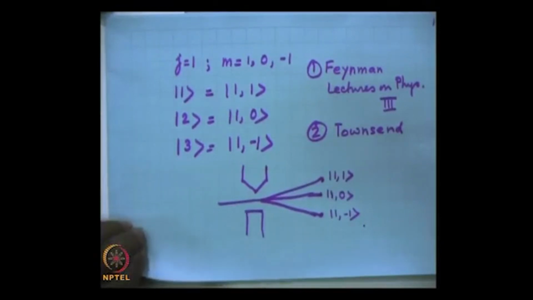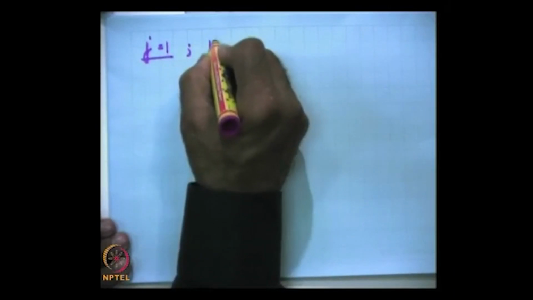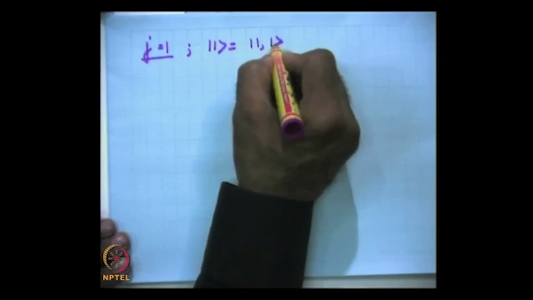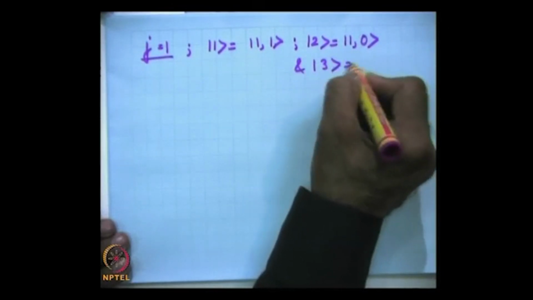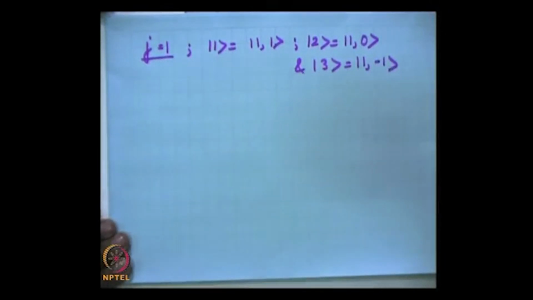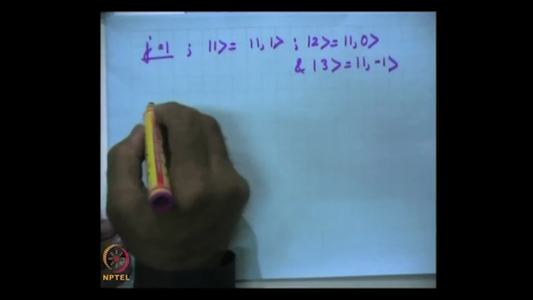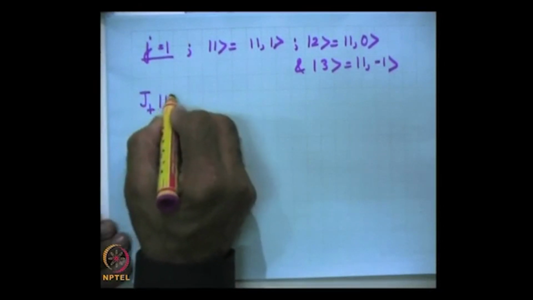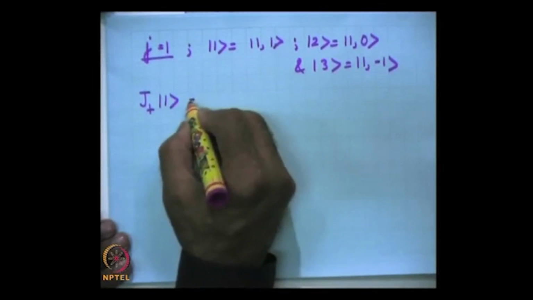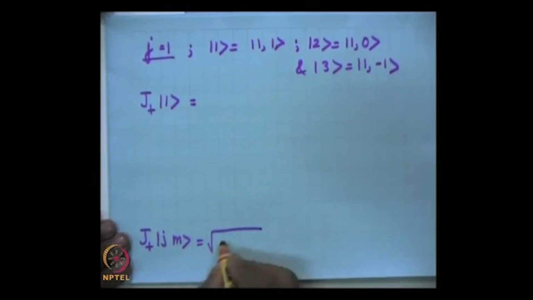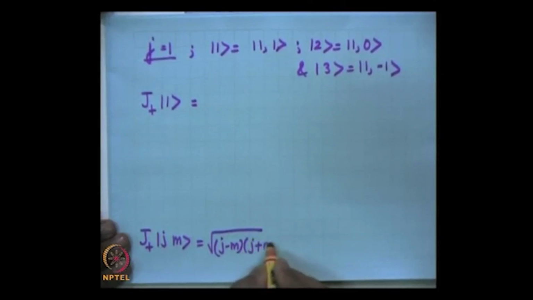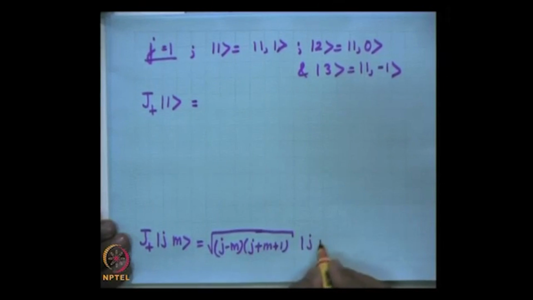Okay. Now let me also mention that if I have 3 eigenkets corresponding to j equal to 1, that is ket 1 is |1,1>, ket 2 is |1,0>, and ket 3 is |1,-1>, then just as we did for the spin half problem, J plus acting on ket j m, all of you must remember, is equal to square root of (j minus m)(j plus m plus 1) times ket j, m plus 1.